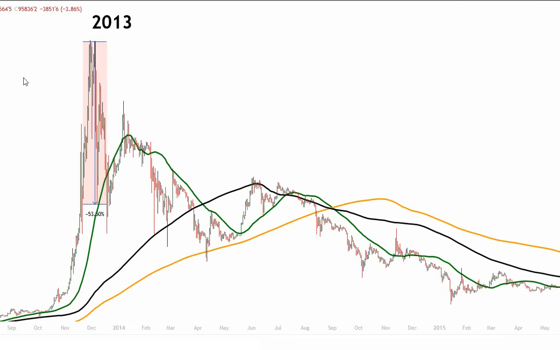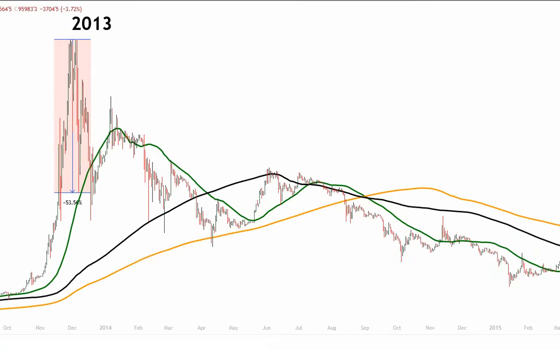2013, the top. Let me just adjust this because it moved on me here a little bit. But from the peak right here, it's 2013 top, kicking off the bear market going into 2014, finally bottoming in early 2015. What did Bitcoin do? It dropped dramatically, and all of them in a very short period of time dropped dramatically, 53.5%.